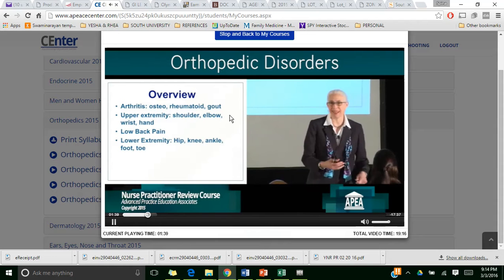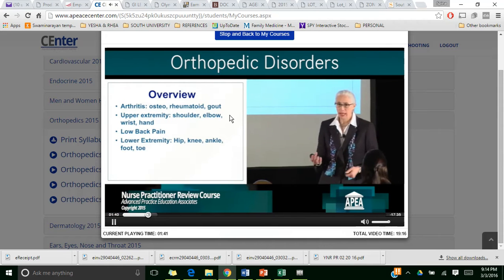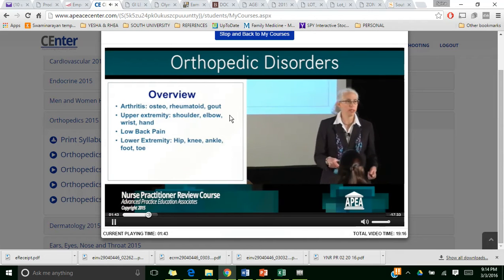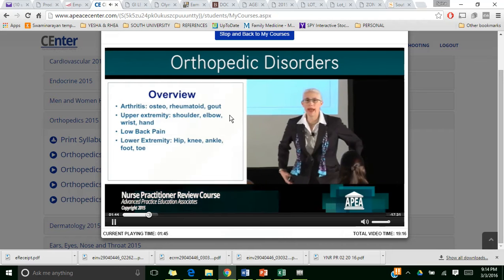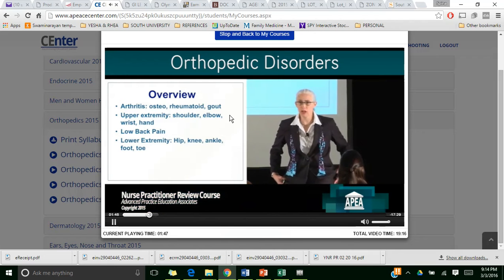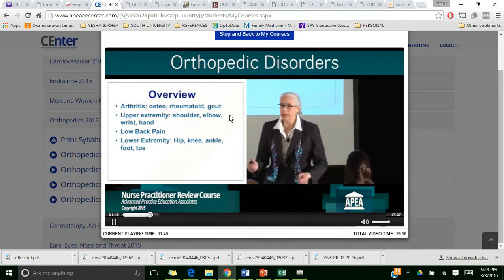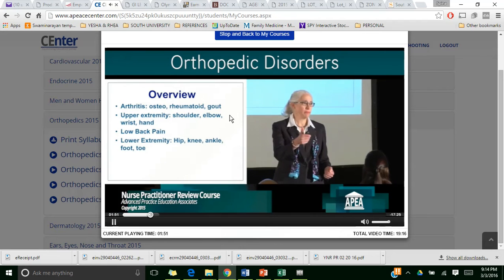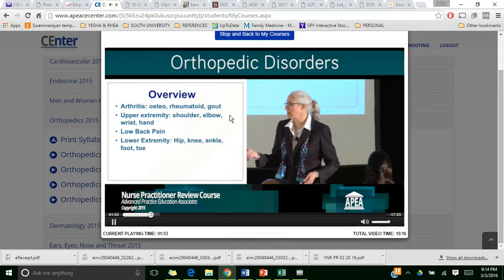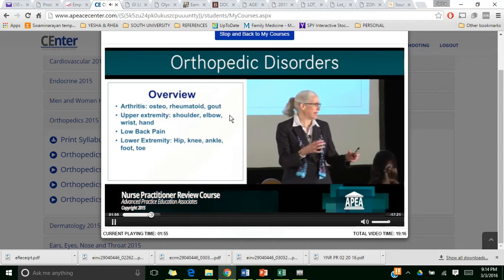Then we're going to move to the lower extremity. You have to be able to know how to assess a hip, and so I'll make sure you can do that. We'll look at an ankle with a problem. What problem will we see with an ankle? A sprained ankle. Obviously, any joint can become sprained, but the ankle just happens to very often.